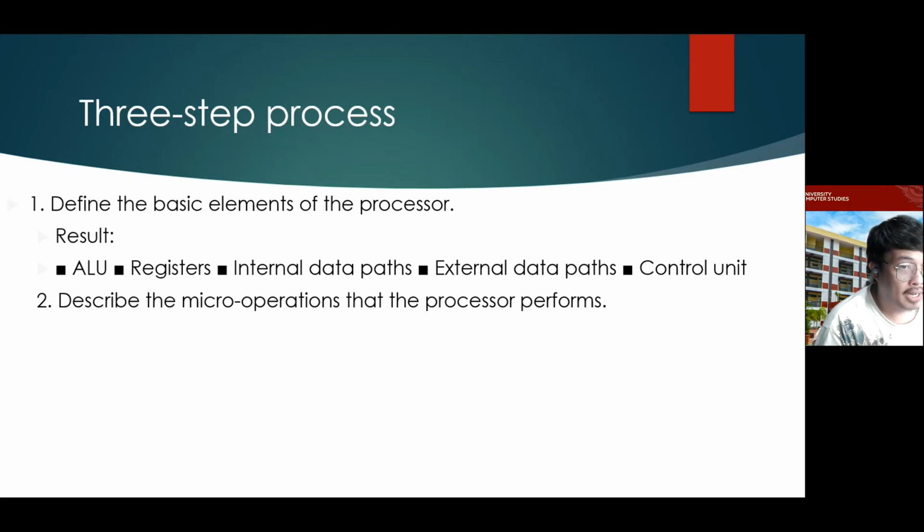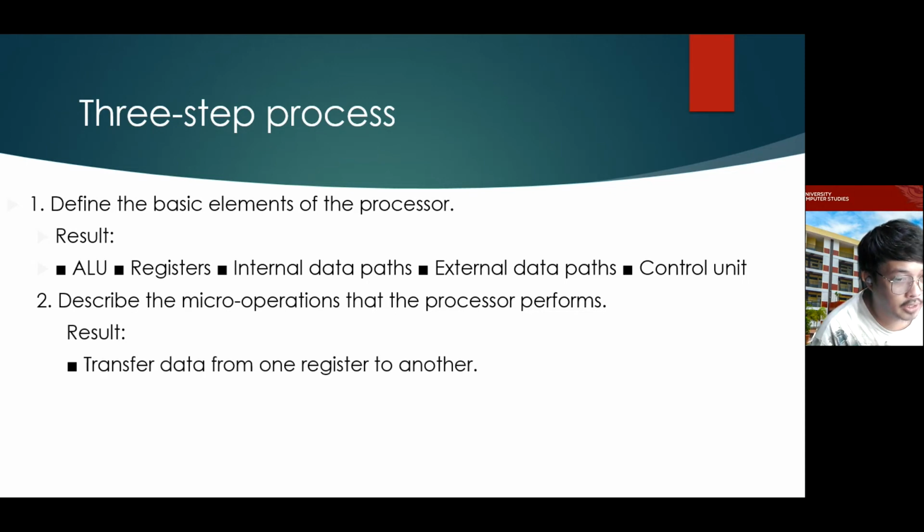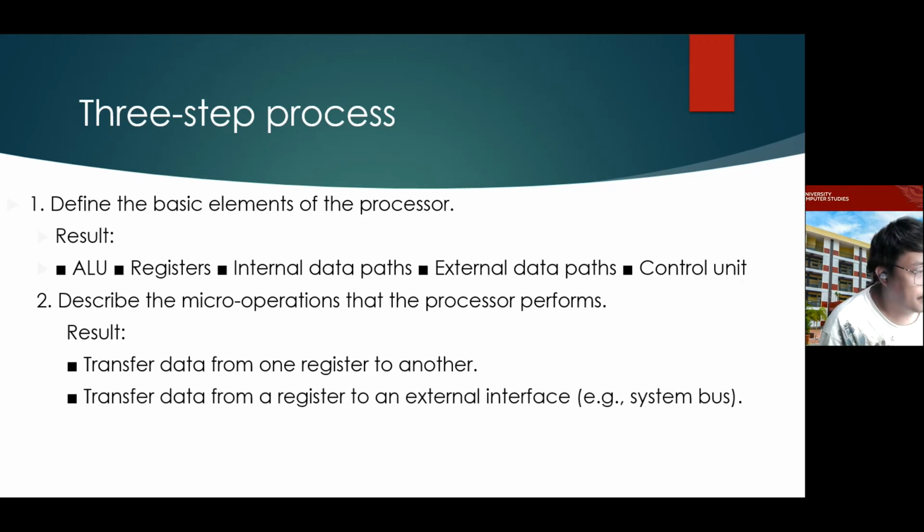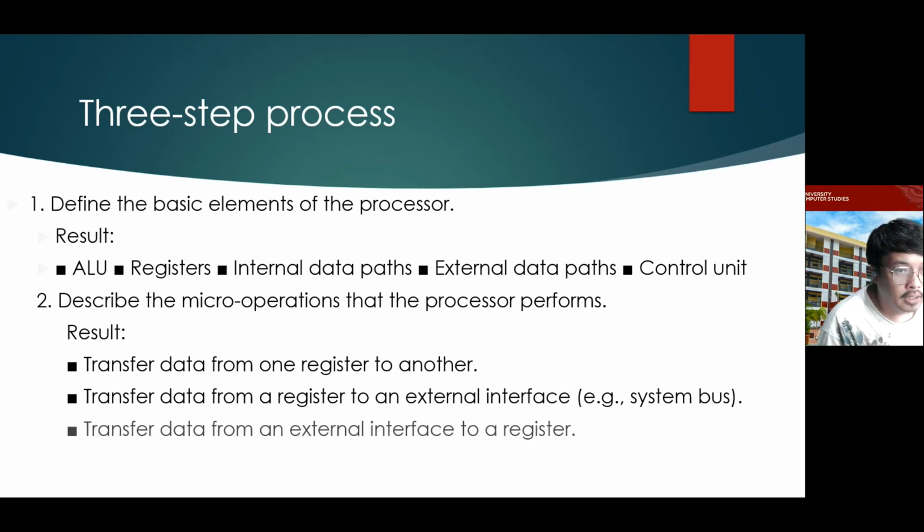Now for the second process, as we describe the micro-operations that the processor performs, the result is: number 1, transfer data from one register to another. Number 2, transfer data from a register to an external interface like the system bus. Number 4, transfer data from an external interface to a register.